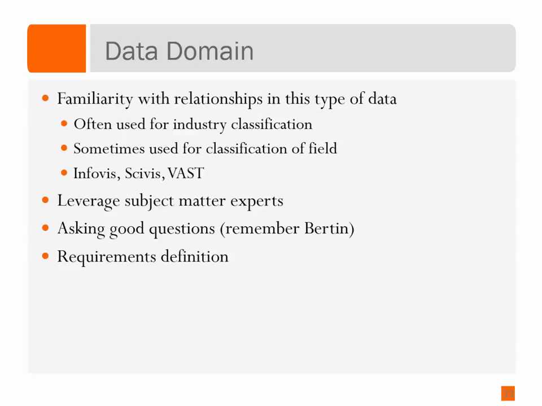Each of those columns has a column heading. Now, we may look at the column heading and we may understand the words that are in the column heading, but we don't truly understand the full definition of what that column heading is.